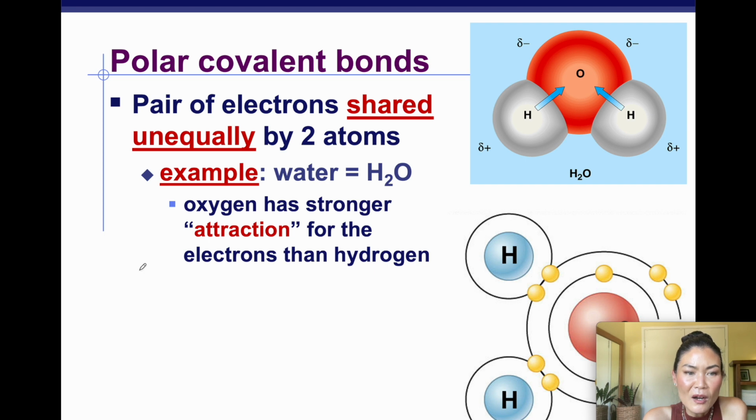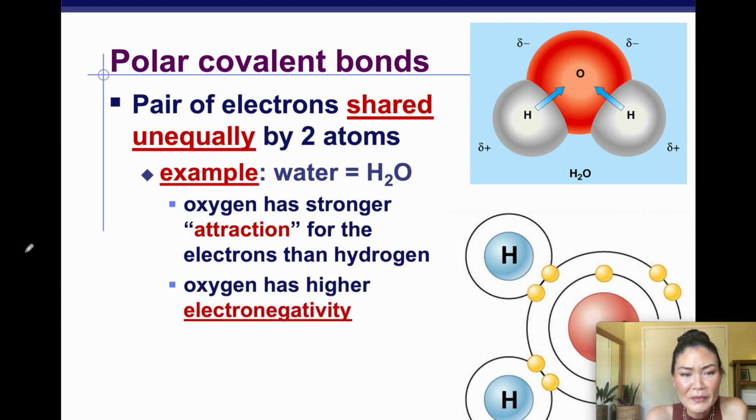Oxygen needs two more electrons to become stable because its valence shell is 6. And when it shares electrons with other atoms, it shares them unequally because oxygen is electronegative. Oxygen is extremely electronegative. And what do I mean by that?